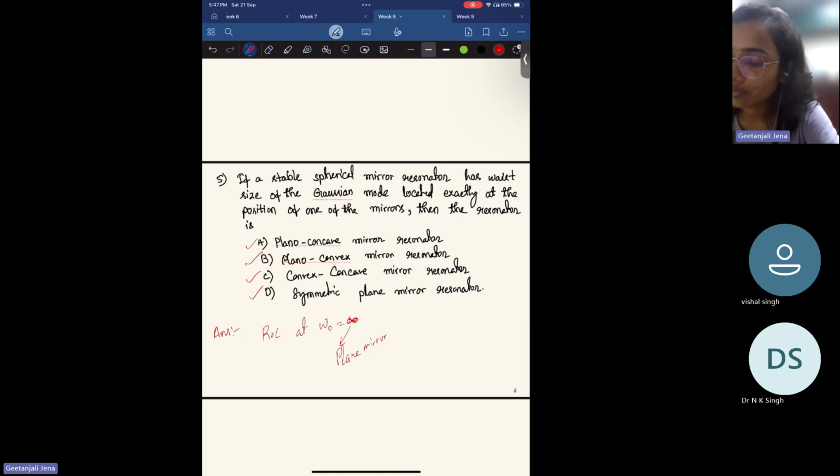So there are two options with a plane mirror, but one has concave, one is convex. But if you recall, plano convex is not a stable resonator. This forms an unstable resonator, right? So if you recall the diagram, only plano concave forms a stable resonator system. So that means the answer will be plano concave mirror resonator.